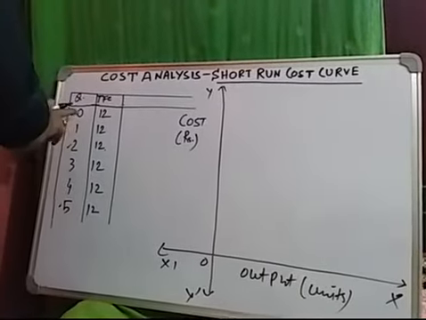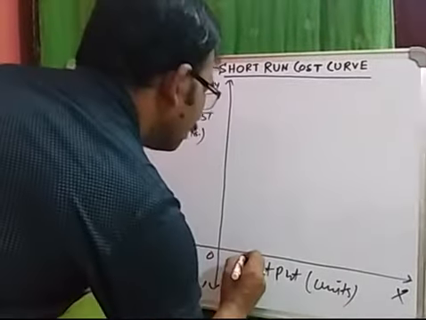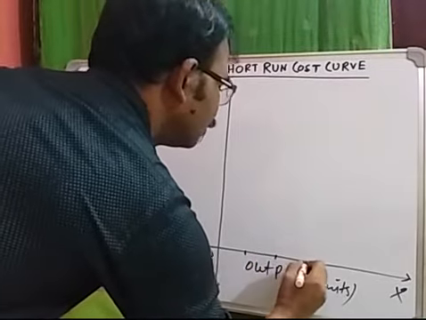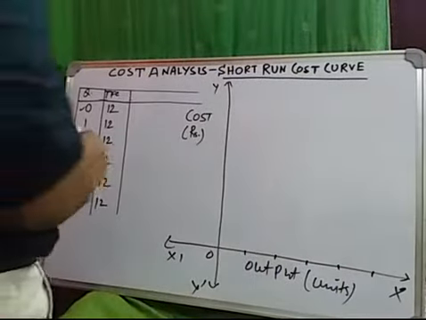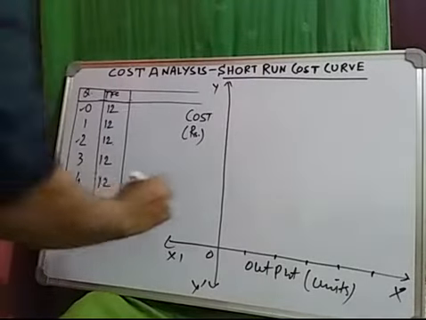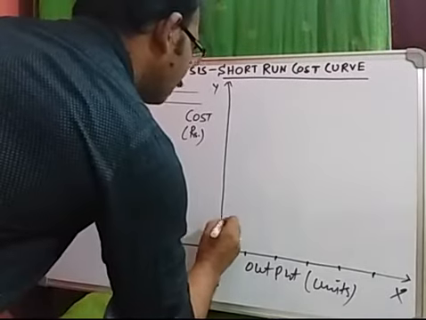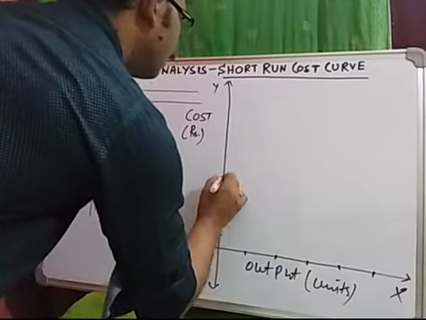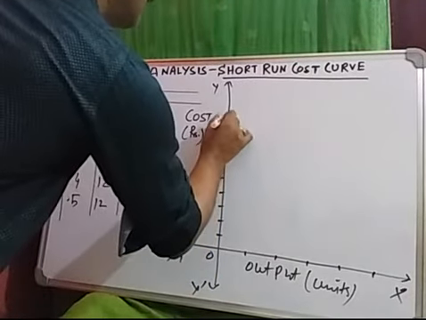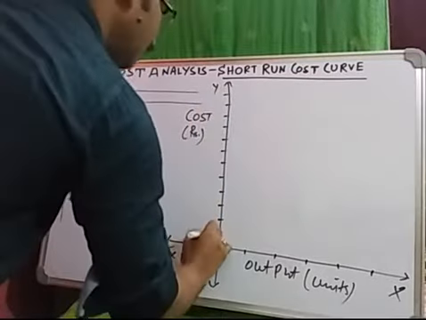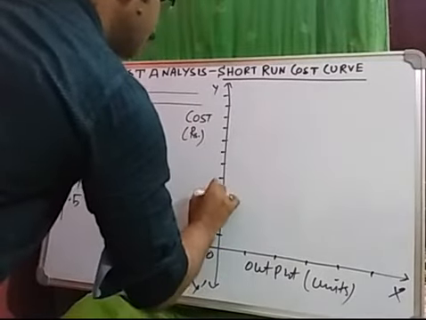Suppose units produced are from 1 to 5: 1, 2, 3, 4, 5. On the vertical axis, see the common distance up to 12: 1, 2, 3, up to 12. So this is the cost.